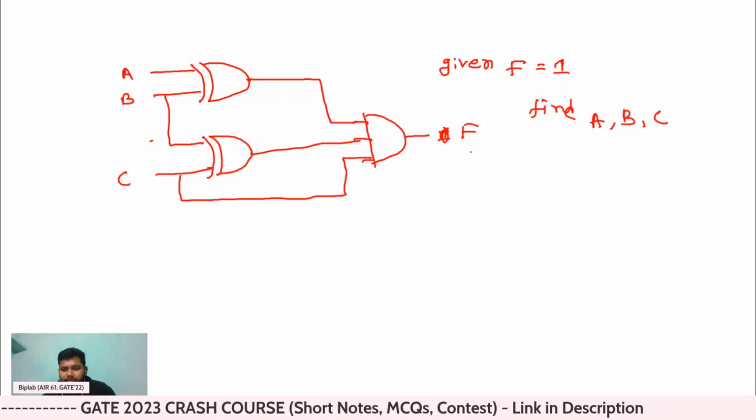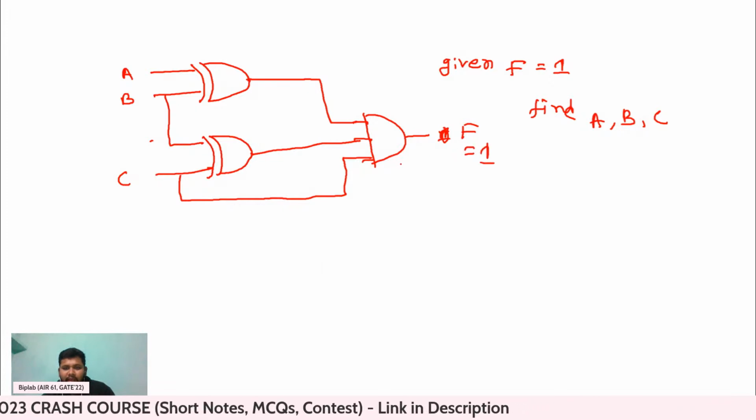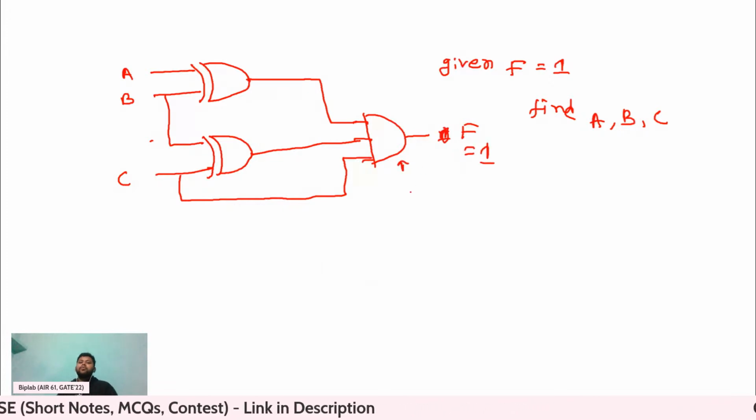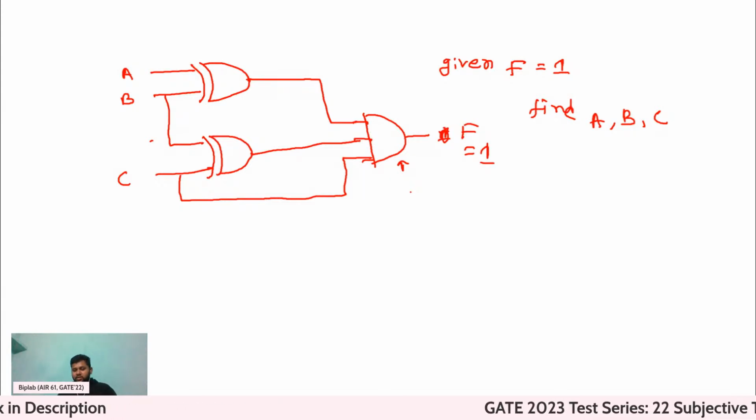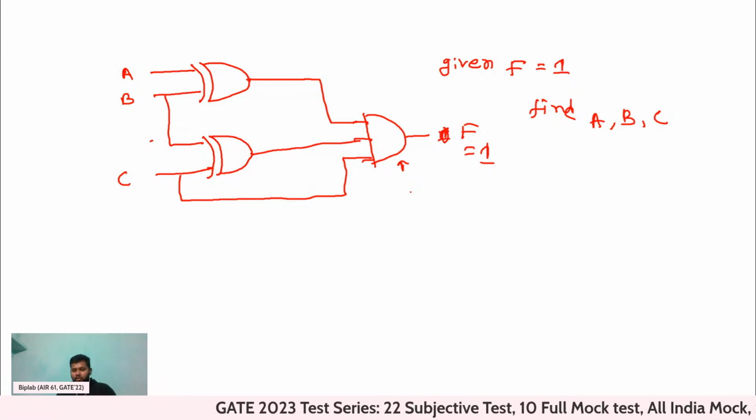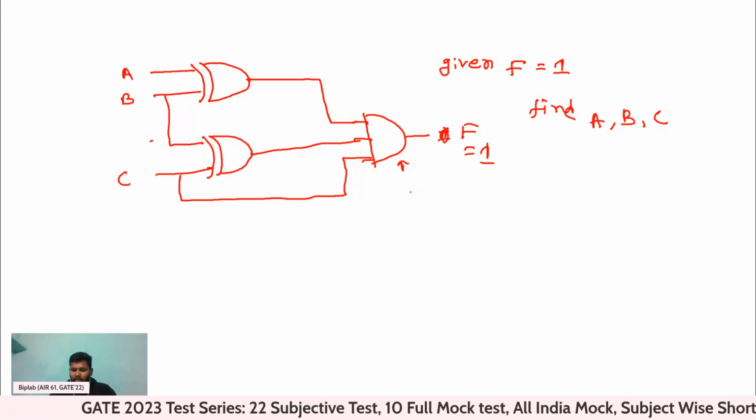So you know your output is 1 of the AND gate. So the AND gate output will be 1 only when all the inputs are 1. So you can use this fact to find out all these inputs.